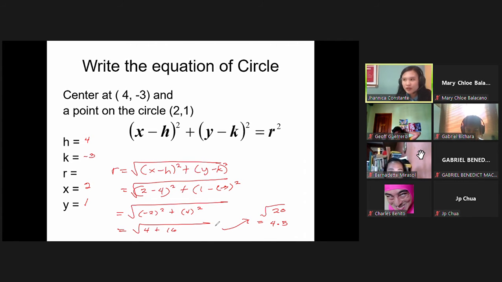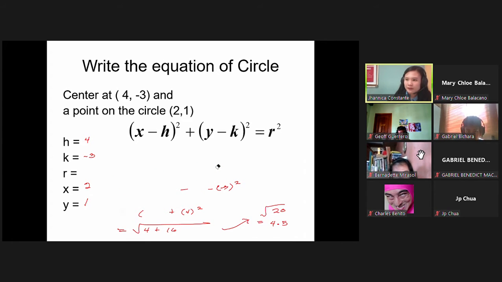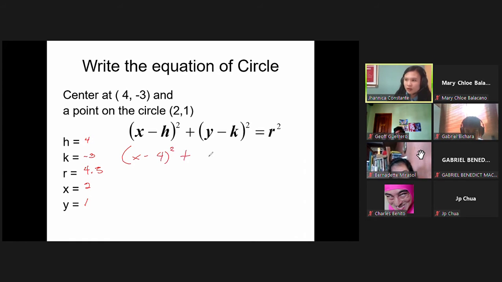Since we have already the radius, we can now proceed in writing the equation of our circle. So x minus 4 squared plus y minus negative 3, or it will become positive 3 squared, equals 4.5 squared.